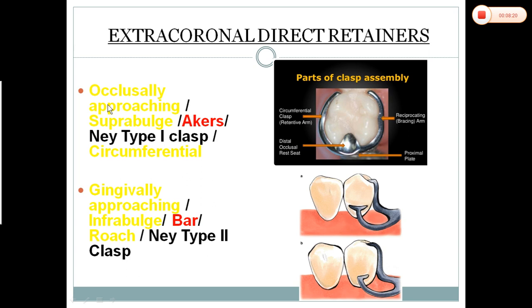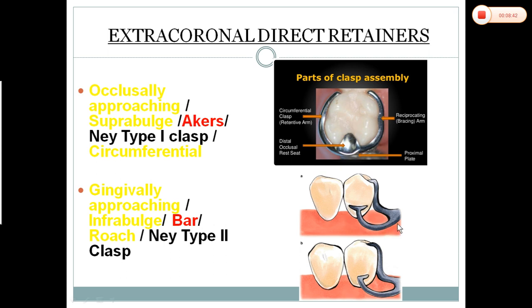These are known as occlusally approaching clasps or suprabulge clasps, commonly termed Akers clasp or circumferential clasp.